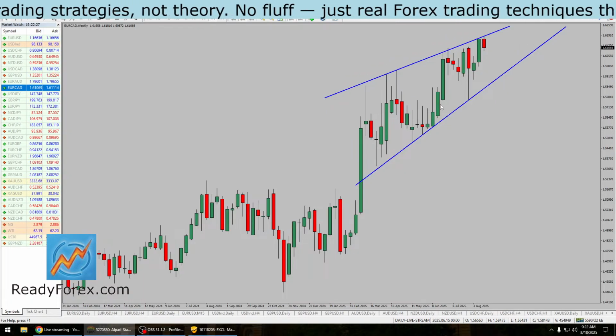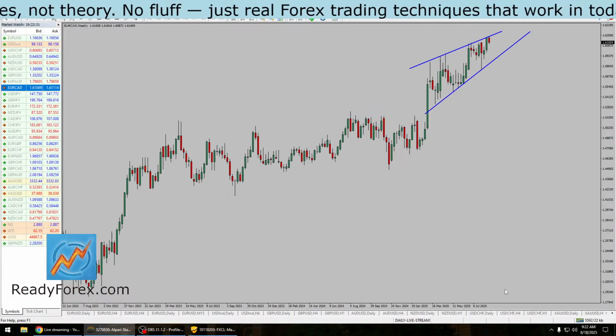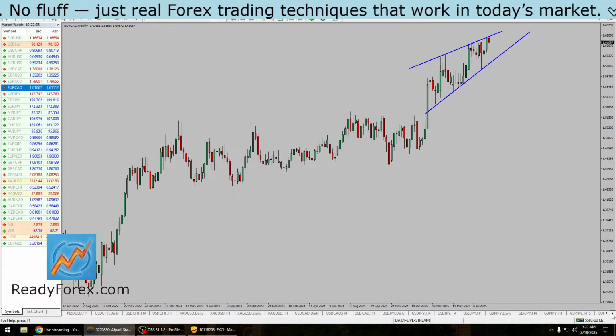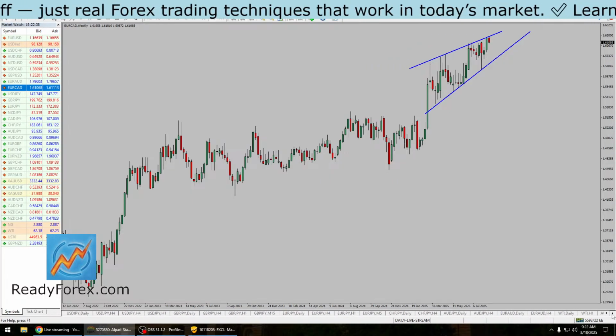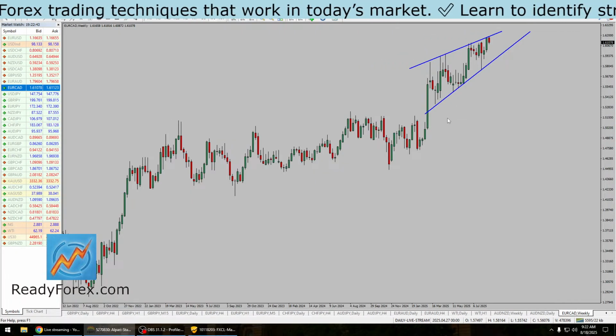You see this topping pattern over here. It looks like a wedge shape formation. Some people call it a pennant. Anyway, we could get a top over here inside the euro versus Canadian dollar currency pair.